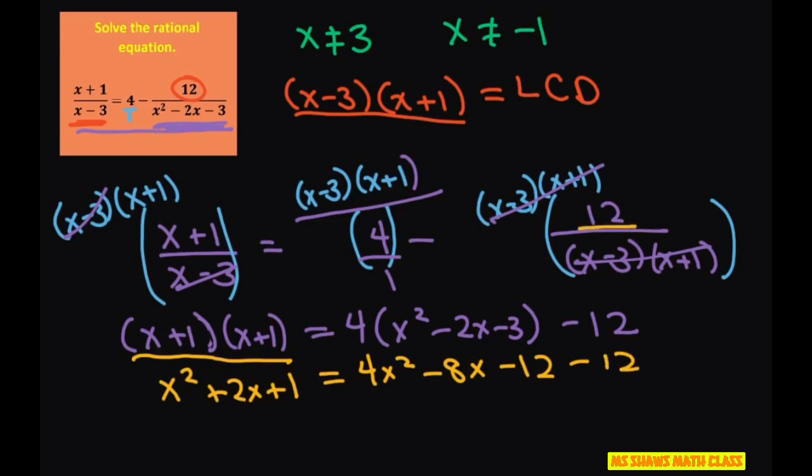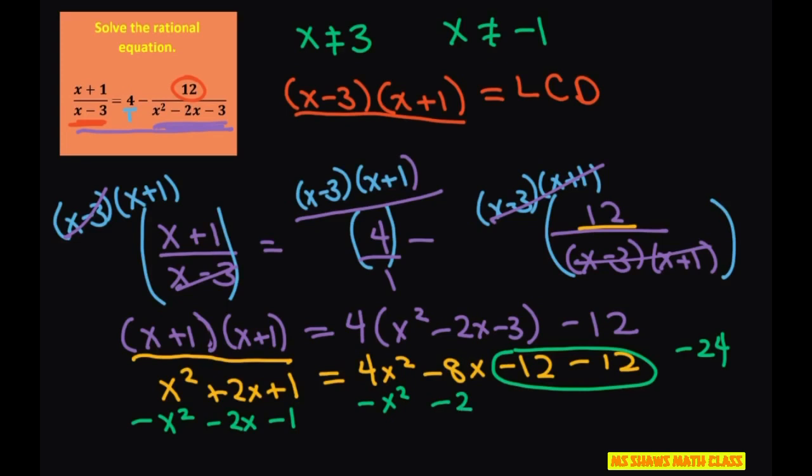Now we want to move everything over to the right-hand side of the equation. So this part here is negative 24. So what we're going to do is subtract the x squared, subtract the 2x, and subtract the 1. Subtract the 1 from there.